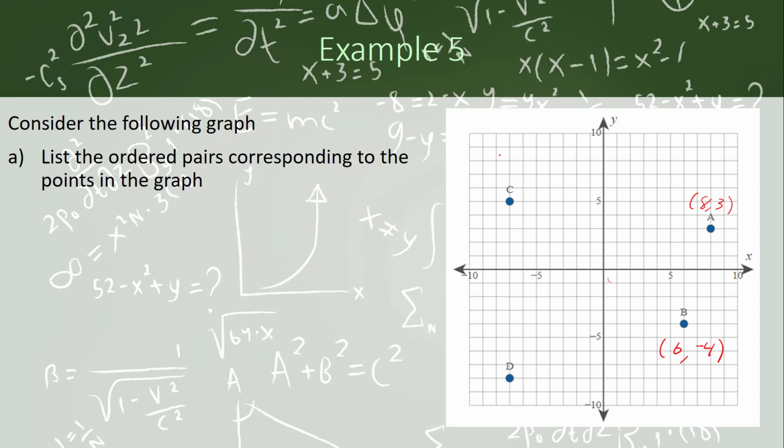So this is negative 7 comma 5. And then for D, we have 5, 6, 7 again in the x direction, and then negative 5, 6, 7, 8 in the y direction. This would be 7, negative 8.